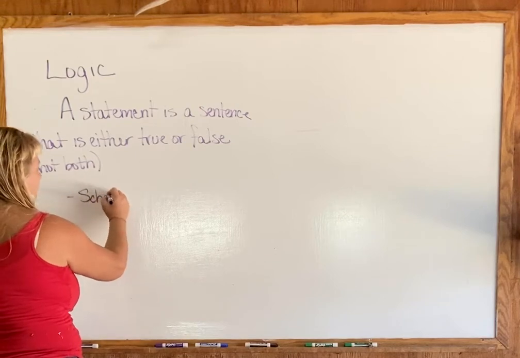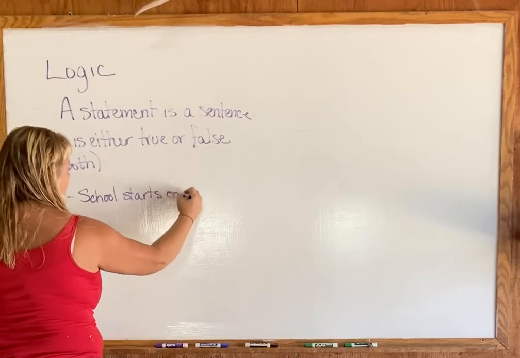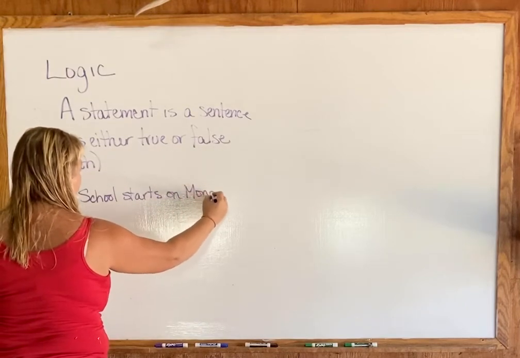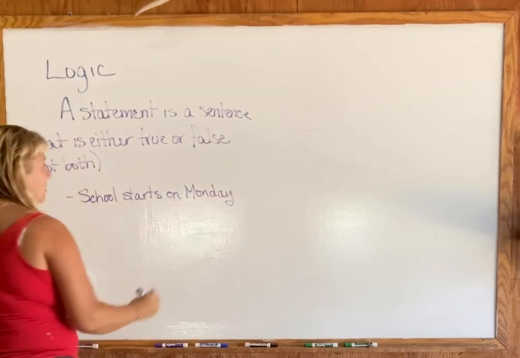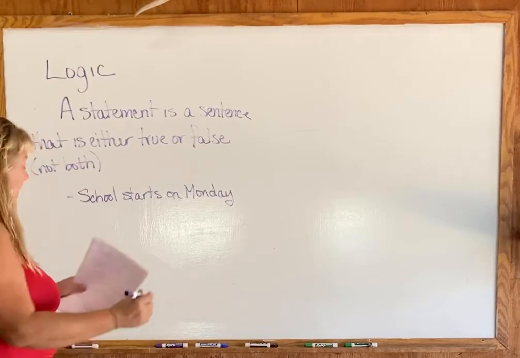School starts on Monday. Okay, it's a statement. Now, if this was a couple weeks ago, it would have been true. School did start on a Monday. Now we're already going, so it's not true anymore, but this is a statement, okay?